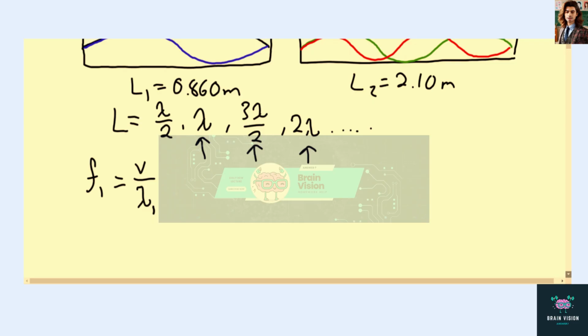And we've said that the fundamental is related by L equals lambda over 2. We can rearrange that to say that lambda equals 2L.